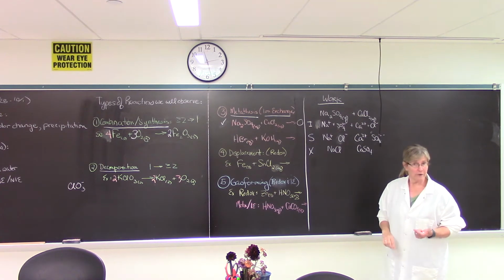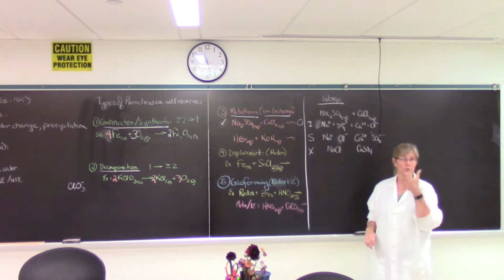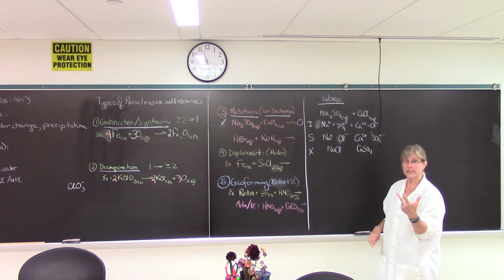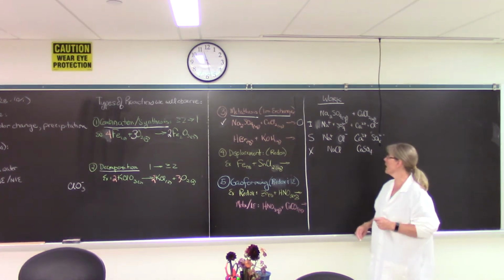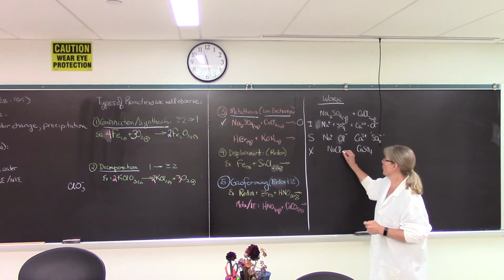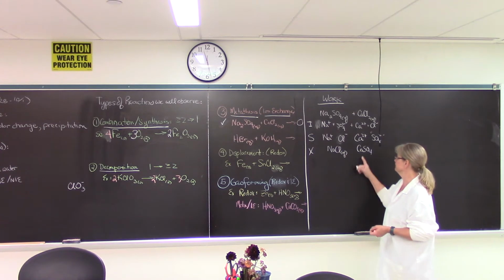Now I'm going to check for products, and remember, our products are water, or carbon dioxide, or a precipitate. So you're going to take your solubility table from your lab and look these up. When you do, you know table salt is aqueous.